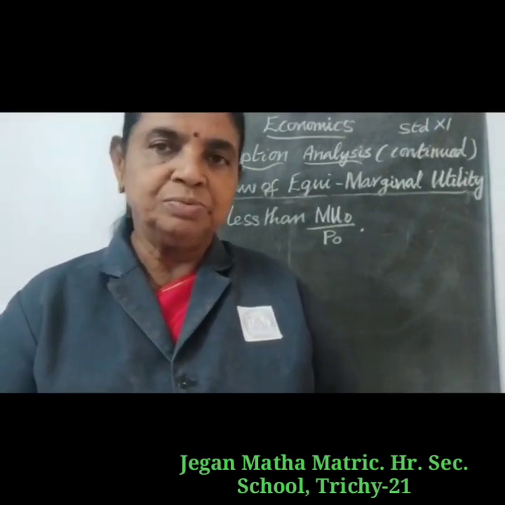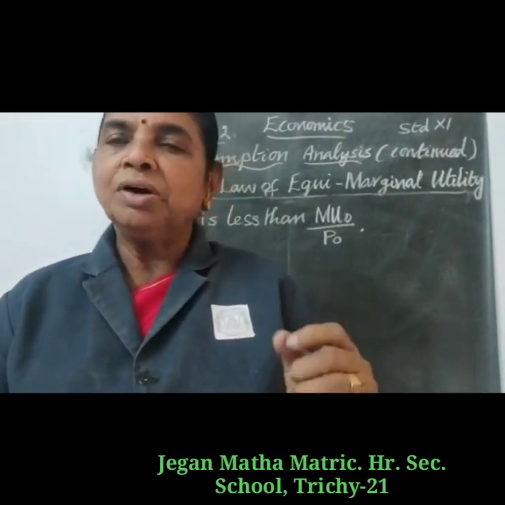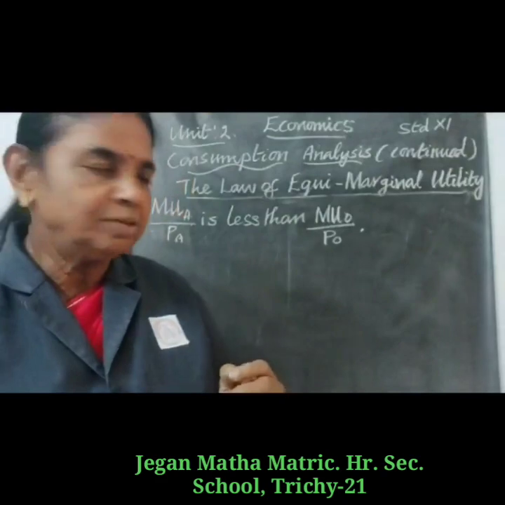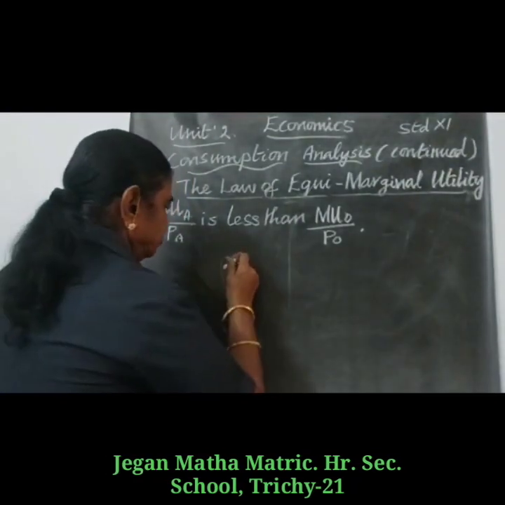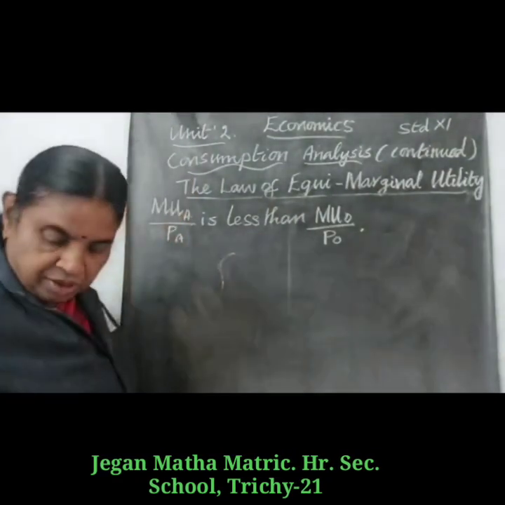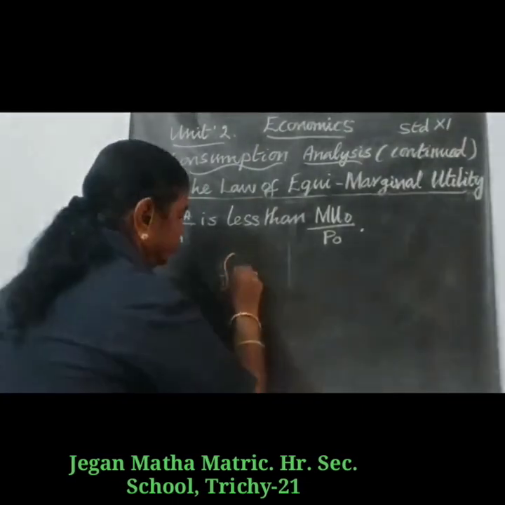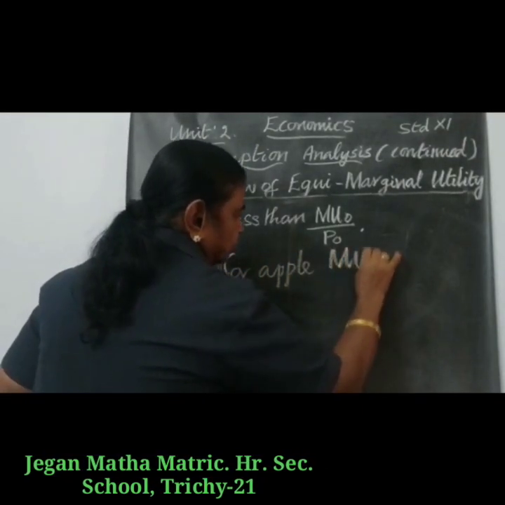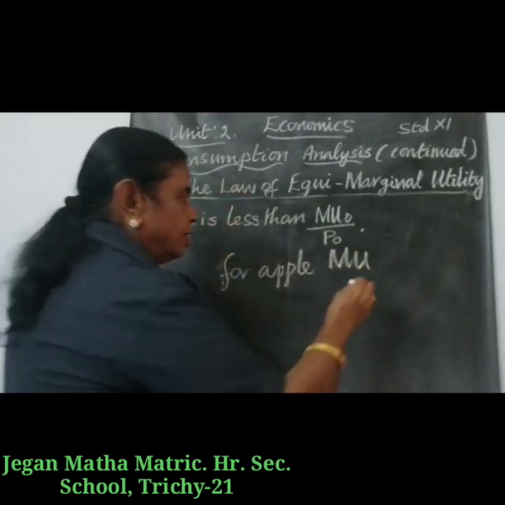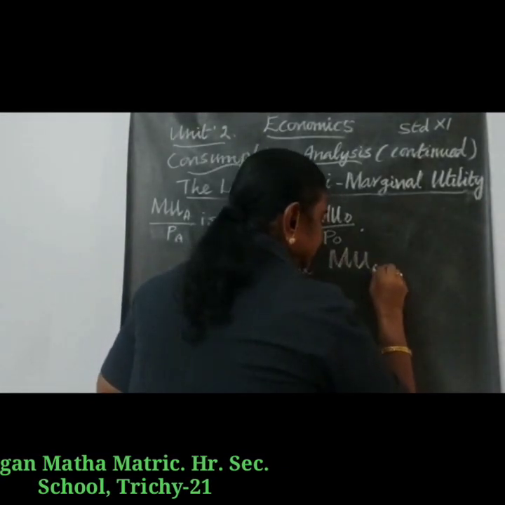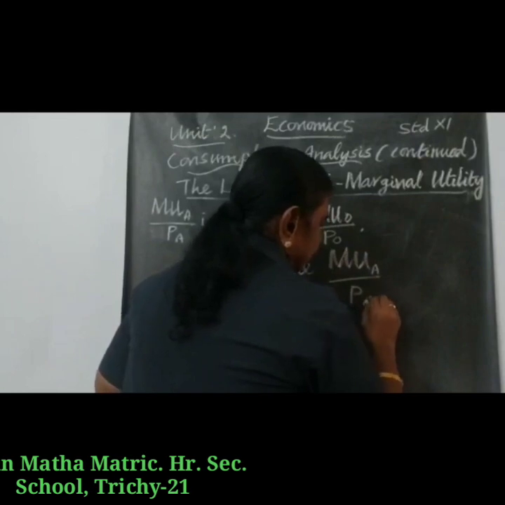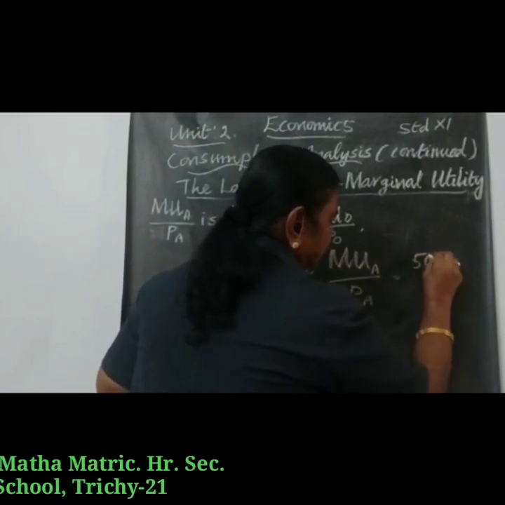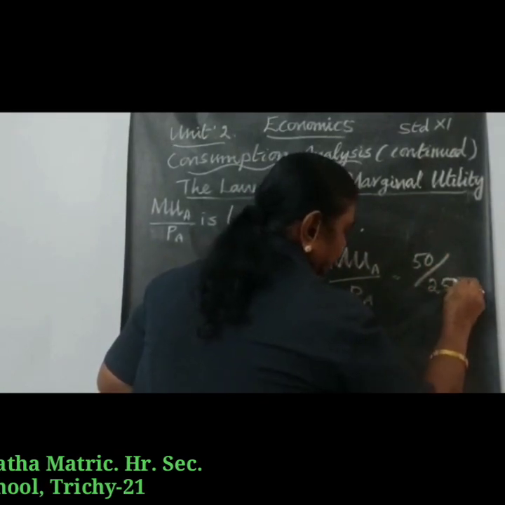For example, for apple, marginal utility 50 divided by price 25. So MU of apple divided by PA is equal to 50 divided by 25.